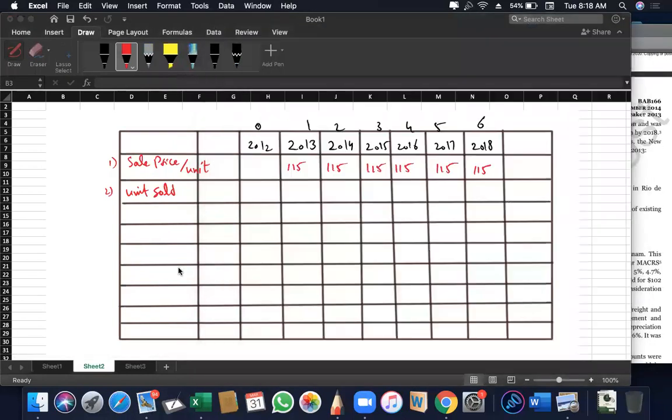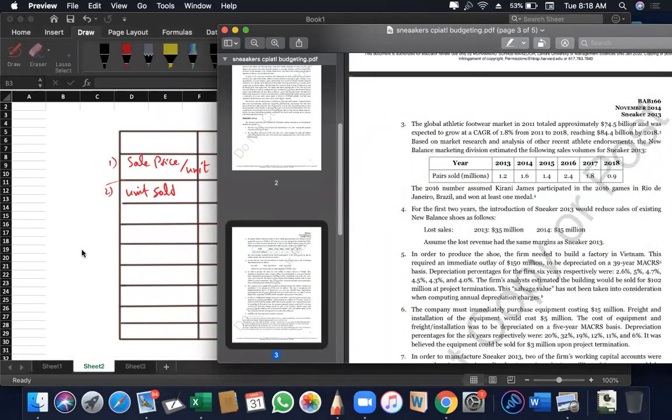So the first one is 1.2, 1.6, then 1.4, 2.4, and lastly it is 1.8, 0.9.